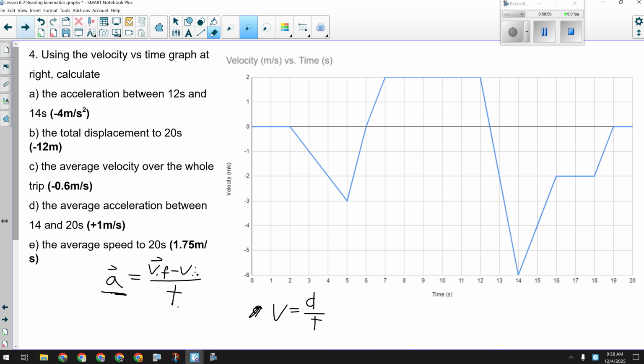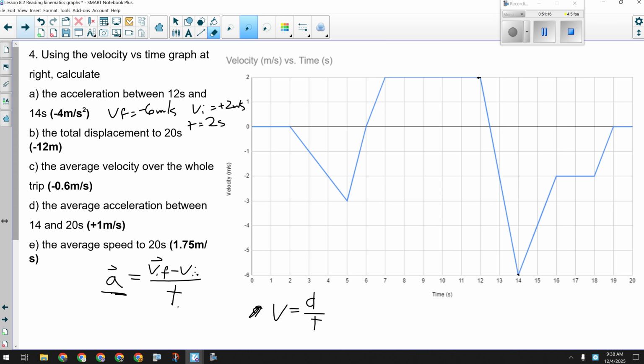At 14 seconds, VF is -6 meters per second. VI happens at 12 seconds. That's right here. It's +2 meters per second. And obviously the time between 12 and 14 seconds is 2 seconds.